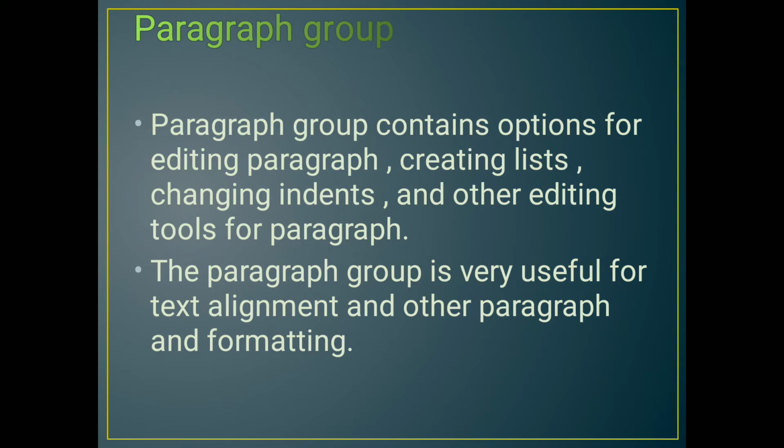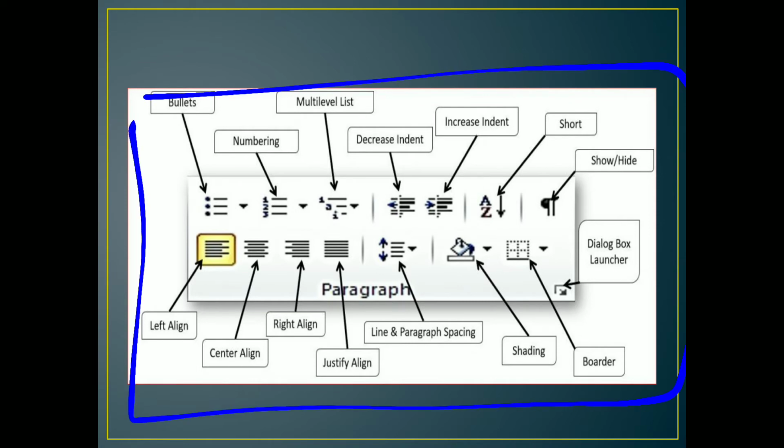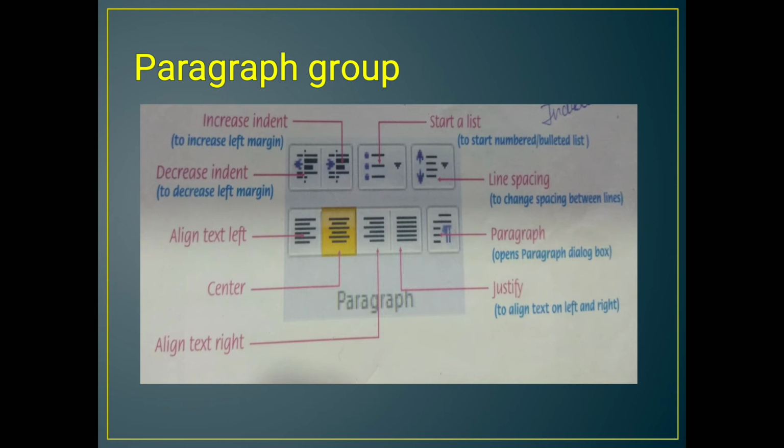Now we will learn all the options of the Paragraph group in detail. See, dear students, this is the image of the Paragraph group. First we will learn about increase and decrease indent. Increase indent is useful to increase the left margin and decrease indent is useful to decrease the left margin.